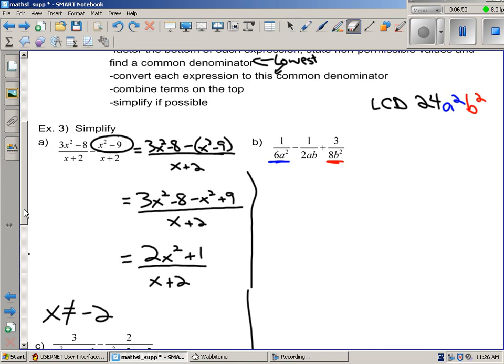There's no way that I can make that into something smaller than a b squared, or turn it into a b in this term over here. So we're going to all have to go up to this lowest common denominator of 24a squared b squared. Great. I'm just going to rewrite it, but with a little extra space so that I can create these lowest common denominators.